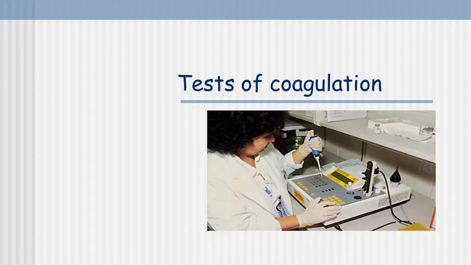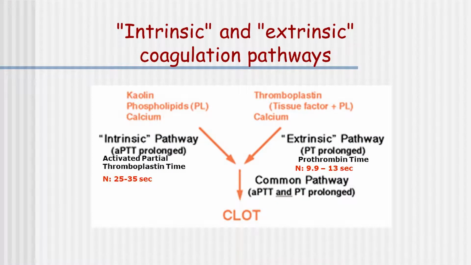Now, there is a test of coagulation. You have both the intrinsic and the extrinsic factors coming together with the help of calcium, and the extrinsic factor is faster than the intrinsic. If you look up on the board, you see that the intrinsic factor takes between 25 and 35 seconds. Extrinsic factor takes between 9.9 and 13 seconds.